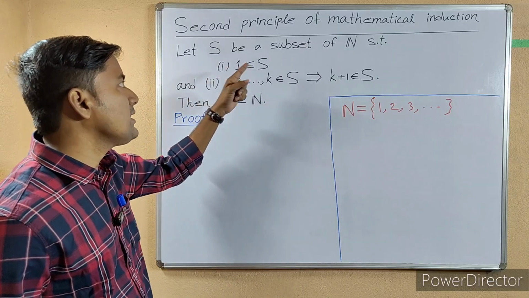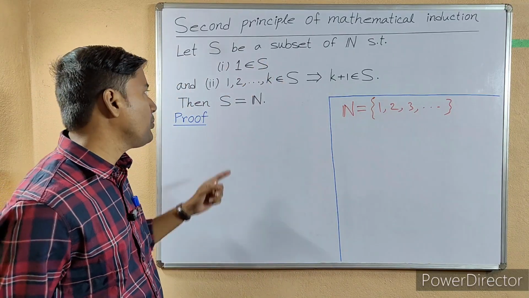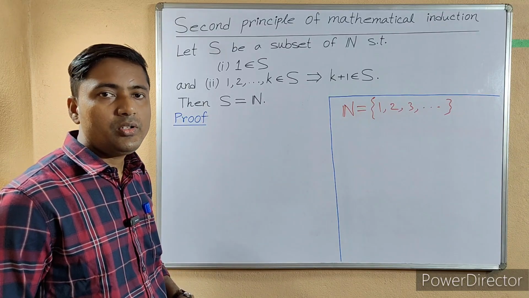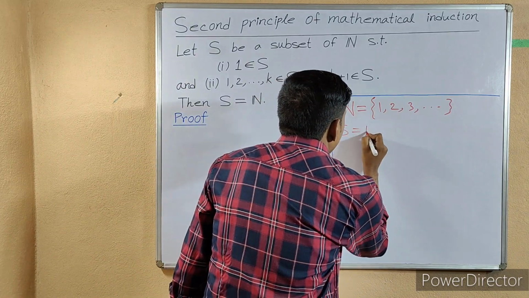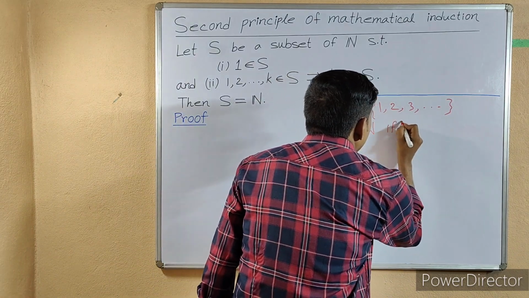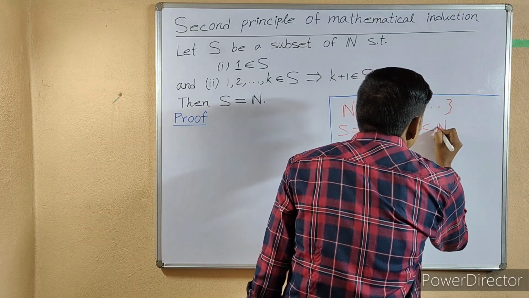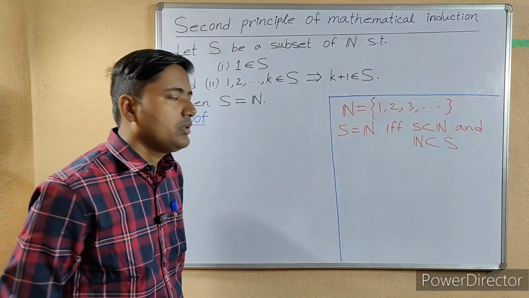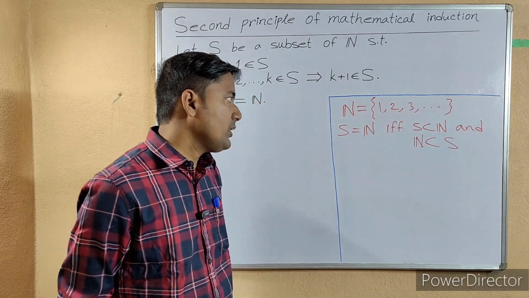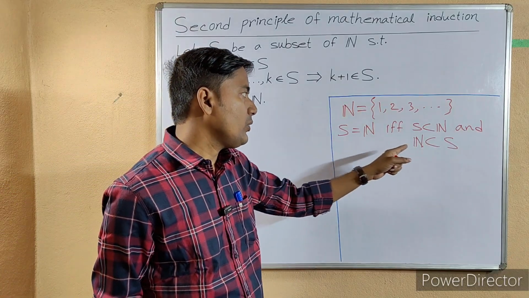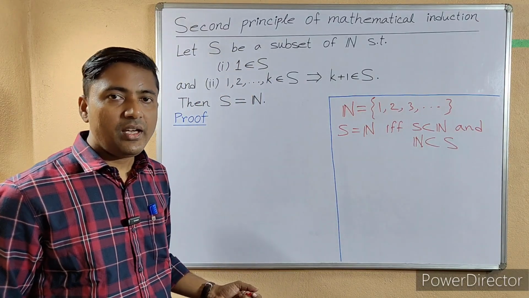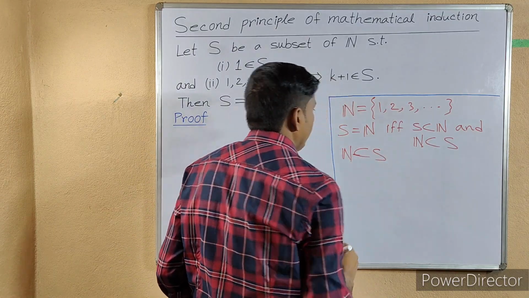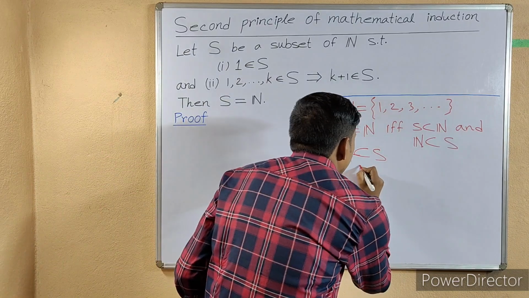Notice that we have S subset of N. So to prove S equal to N, we have to prove N subset of S, because we know that S equals N if and only if S is a subset of N and N is a subset of S.